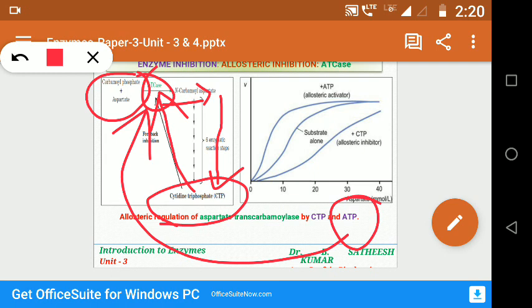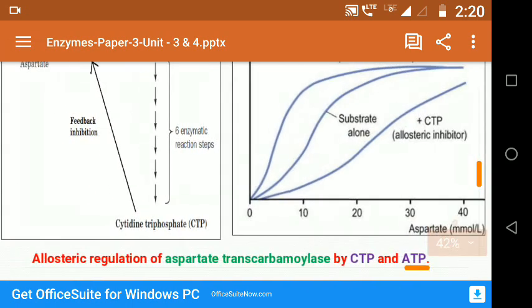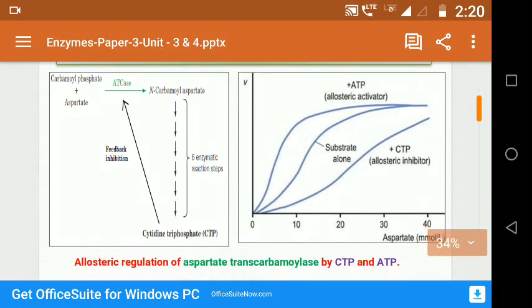It replaces the CTP and binds to the same regulatory site, and it converts the catalytic subunit to a more relaxed form which can bind substrates, and the catalytic activity takes place and enriches the pool of CTP. So this is the mechanism of regulation by allosteric modulators in ATCase.